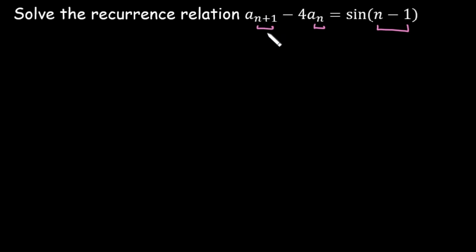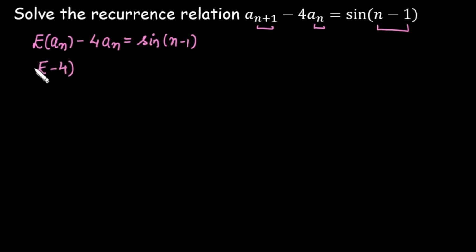In this case, we can directly write this is E of a_n minus 4 of a_n is equal to sine n minus 1. Take a_n common, we have E minus 4 a_n is equal to sine of n minus 1.